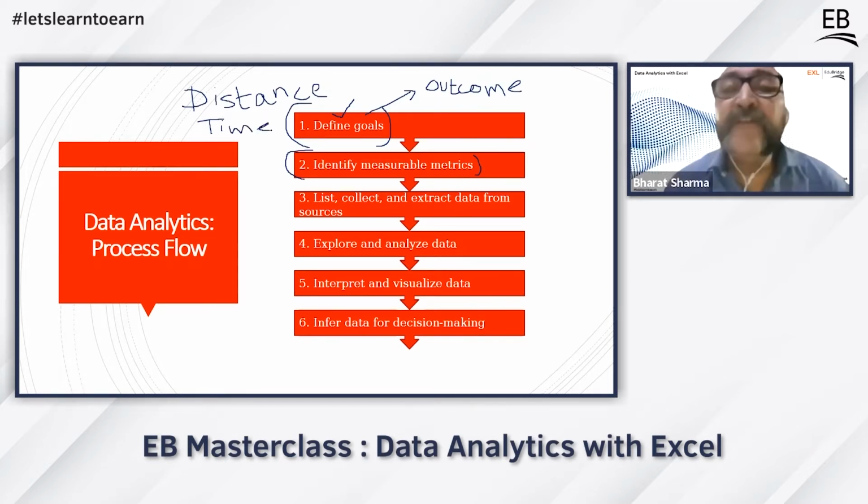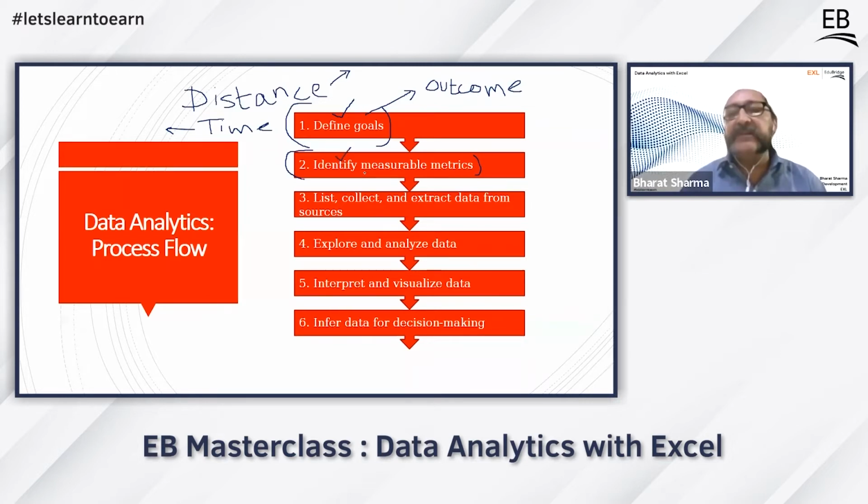Now, if my goal is to make a change in the distance that I cover, maybe I want a shorter distance from my home to my office or my school or my college, or if my goal is to reduce the time that I'm taking in traveling from my home to my office, then I'm going to identify those measurable metrics.